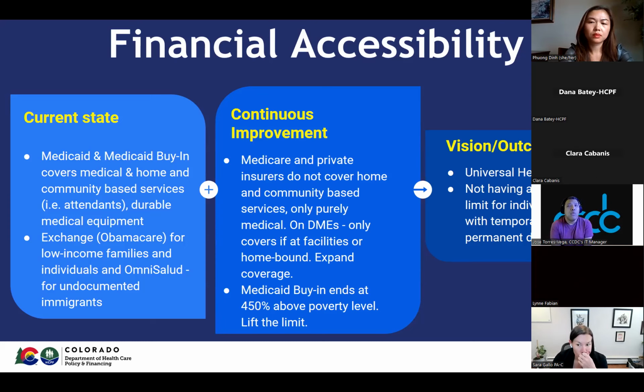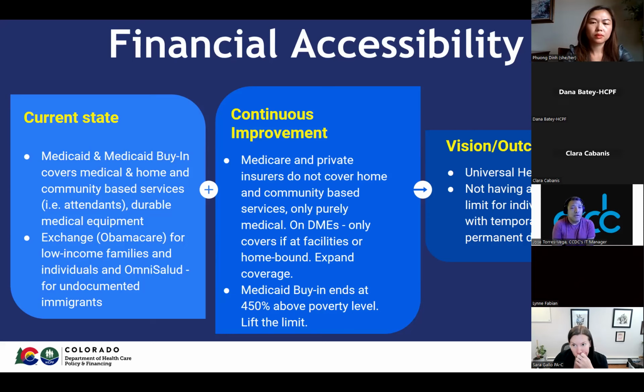Because those are, in fact, what CMS calls Colorado's crown jewel, for example CDASS. Exchange, we have been very successful at giving people access to the exchange, people who need it that way.